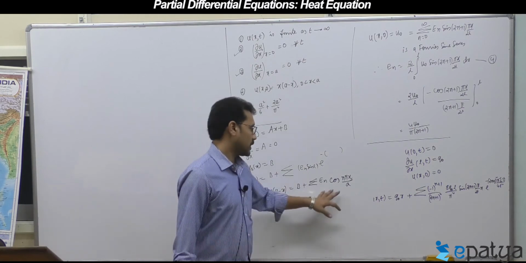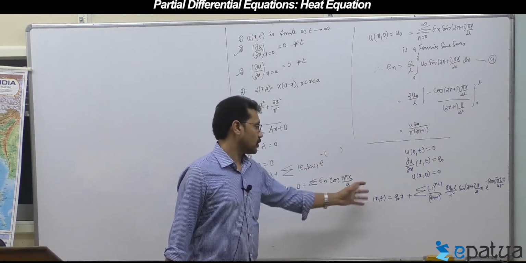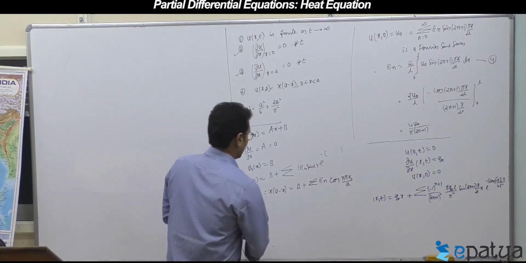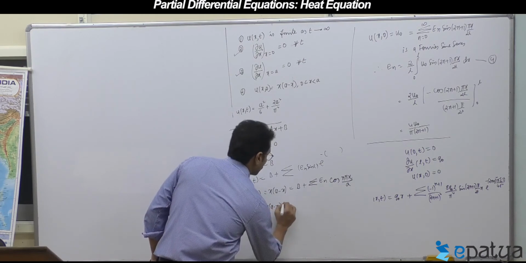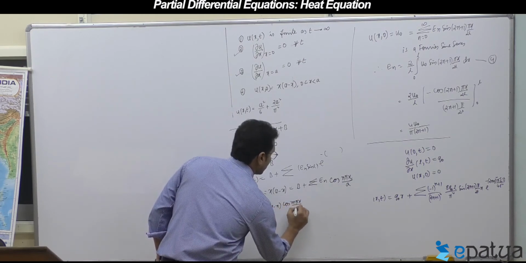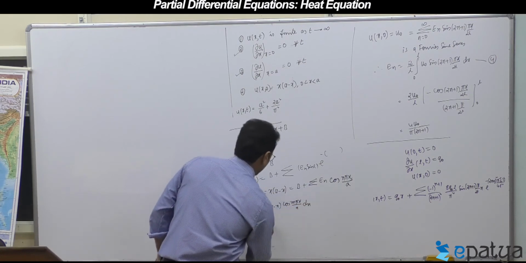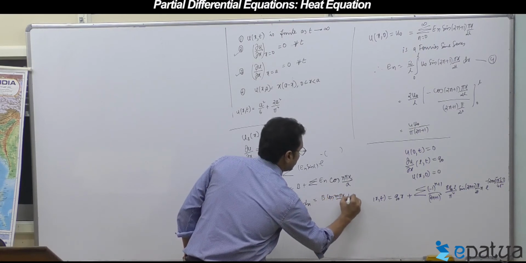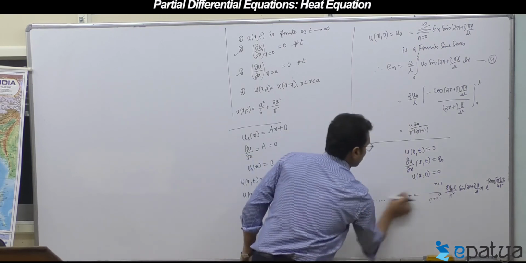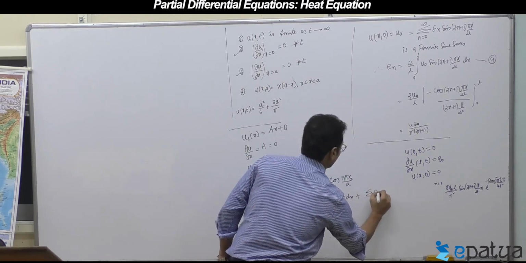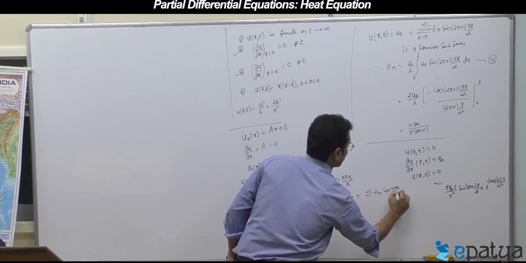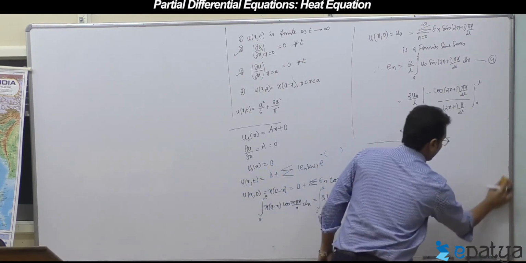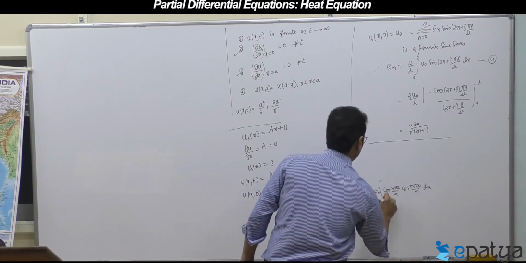Okay, now what happens, you will multiply throughout with cos m pi x by a, in which case x into a minus x cos m pi x by a integrated 0 to a is equal to b cos m pi x by a dx integrated from 0 to a plus sigma en cos n pi x by a cos m pi x by a dx integrating from 0 to a.